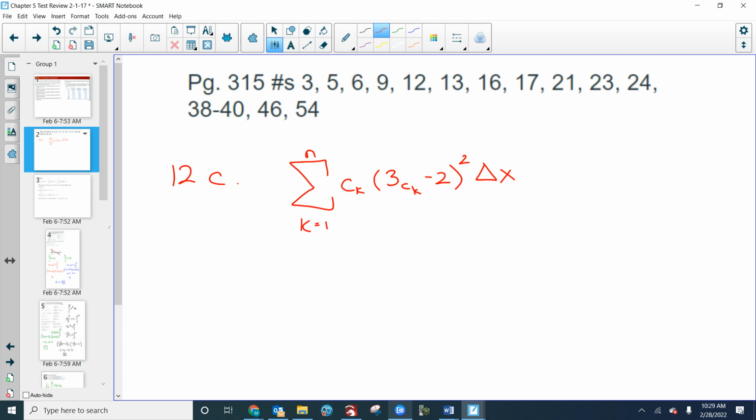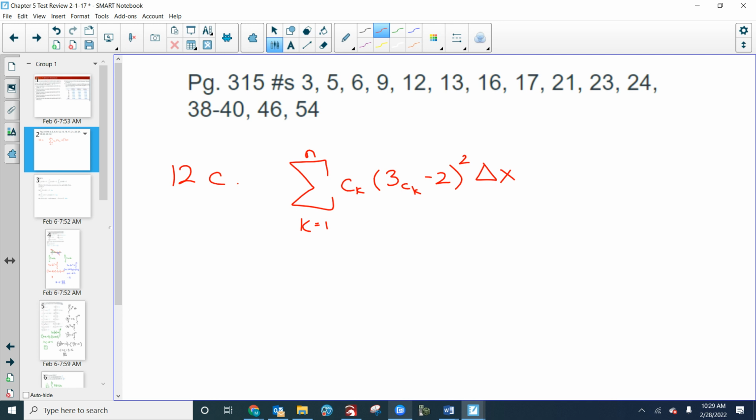It doesn't matter because how wide are these intervals? Really small. So where is c sub k? It doesn't matter where it is on the interval. C sub k, if there's enough of them, turn into x values. Do you follow me? If there's infinitely many of these, c sub k's are turning into x's.